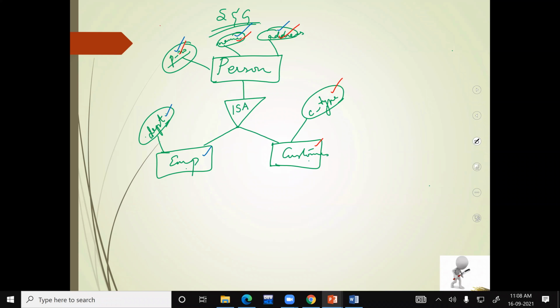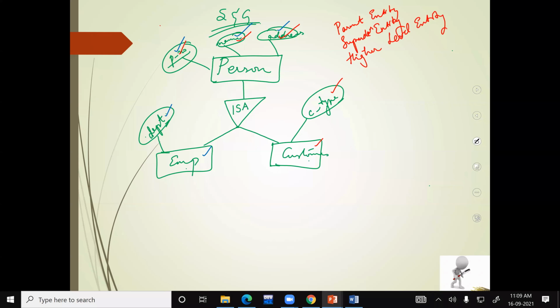So very simple. This entity called person, you can call the parent entity, or the super class entity, or you can even call it by another name, higher level entity.